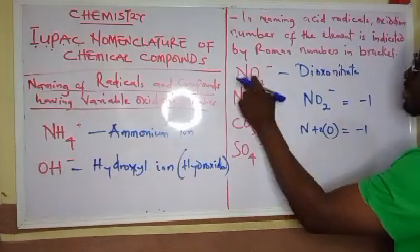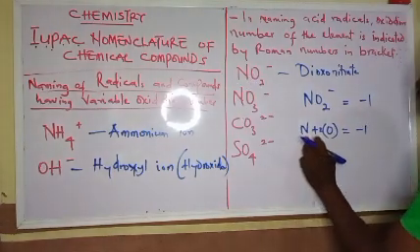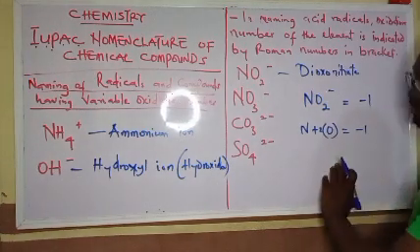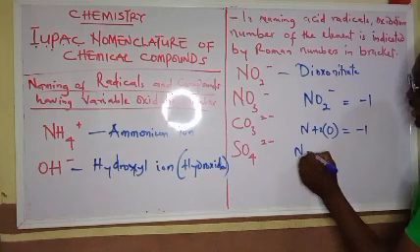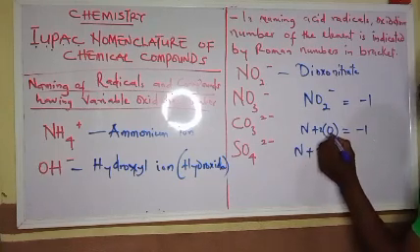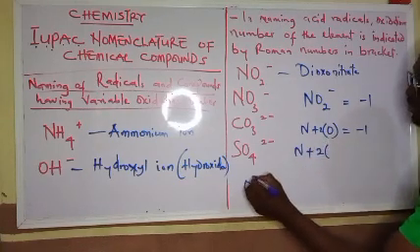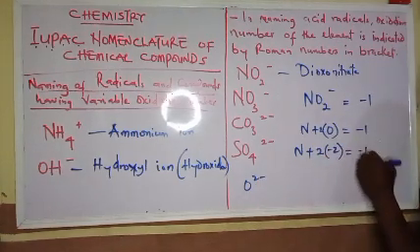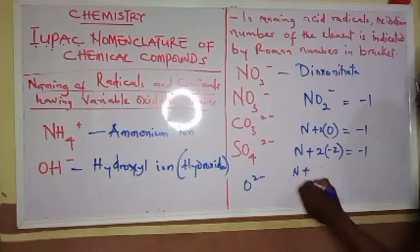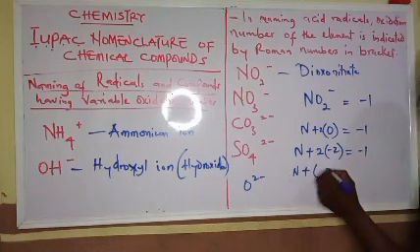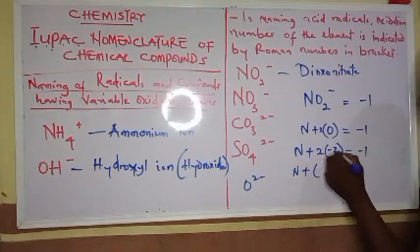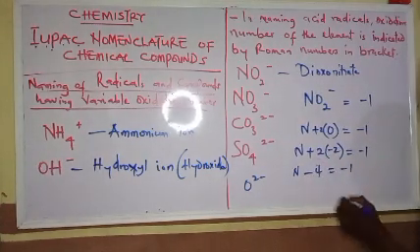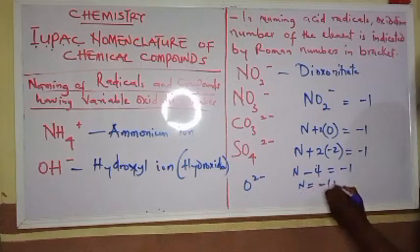So N plus 2 times the oxidation number of oxygen, which is -2, is equal to -1. So this becomes N plus 2 times -2, that is -4, equal to -1.